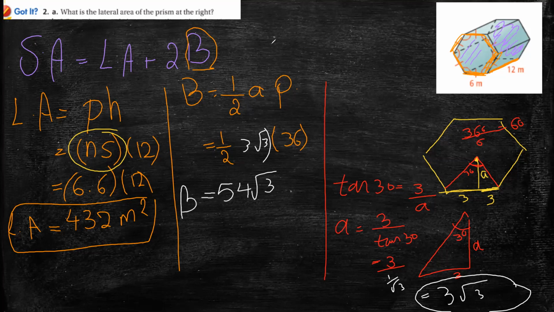This will be now the area of the base in meters squared. So now we found the lateral area, we found the area of the base. Now we need to find the surface area.